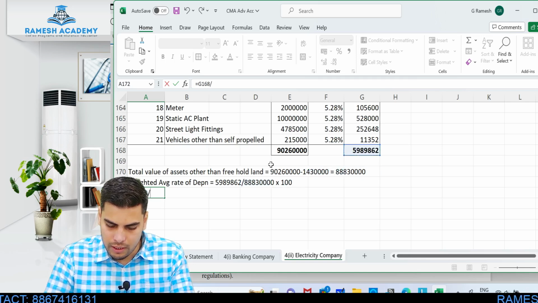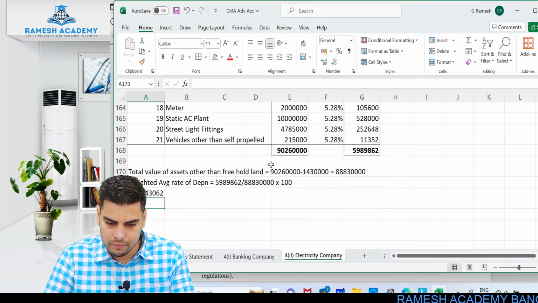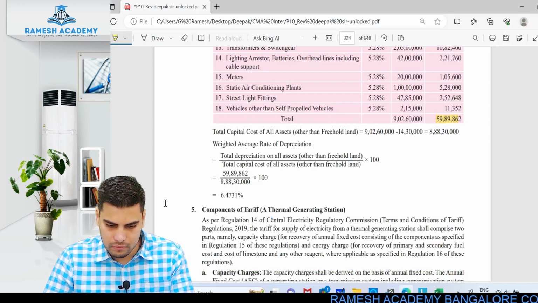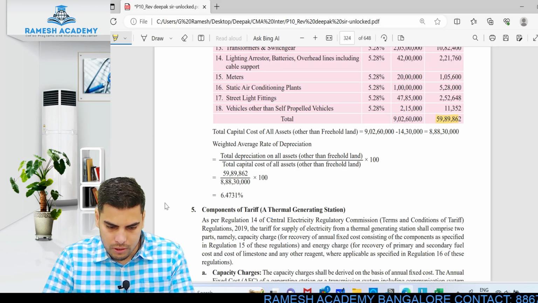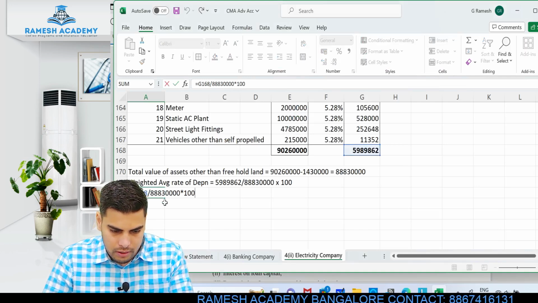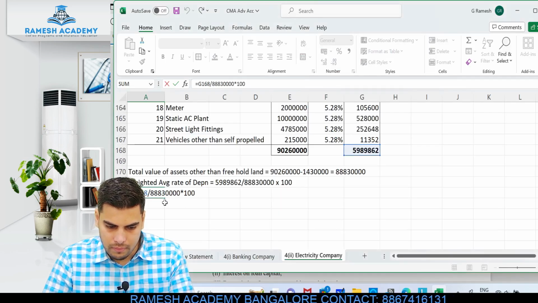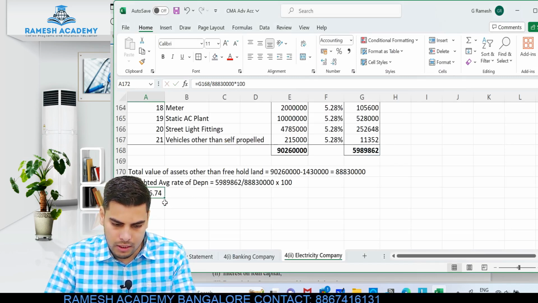This amount divided by 888 lakh 30,000 into 100. 6.74 is what we are getting. 6.74 percentage is what we get, guys.